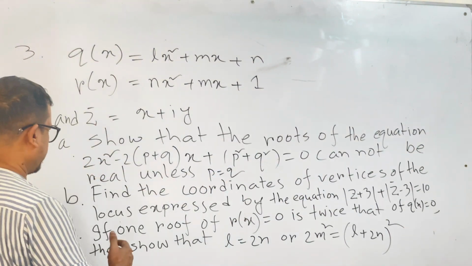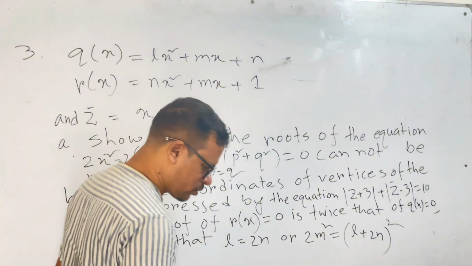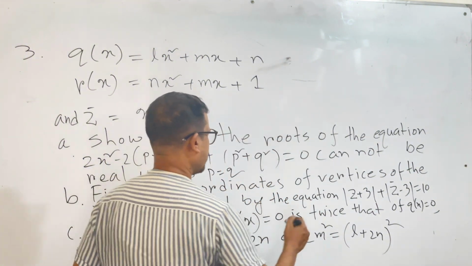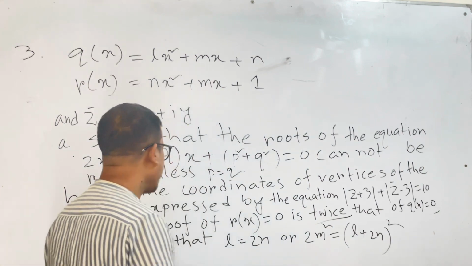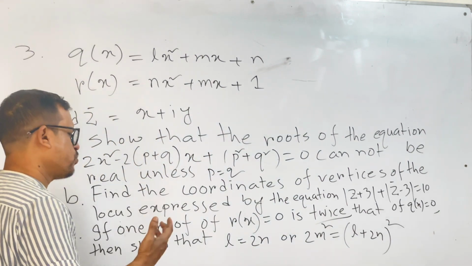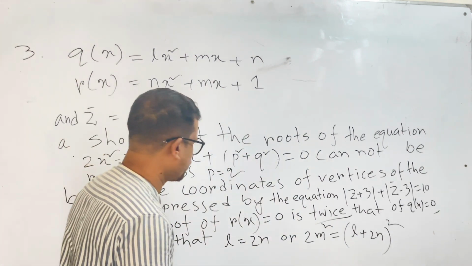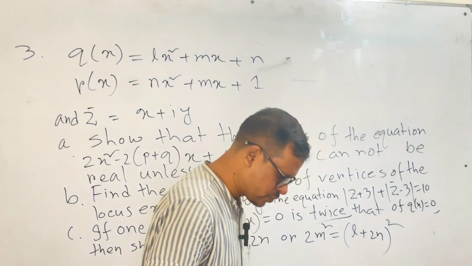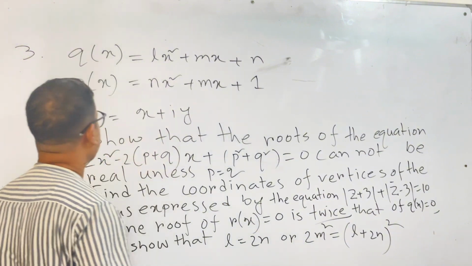If one root of Rx equal to 0 is twice that of Qx equal to 0, then show that L equal to 2n or 2m square equal to (L plus 2n) square.